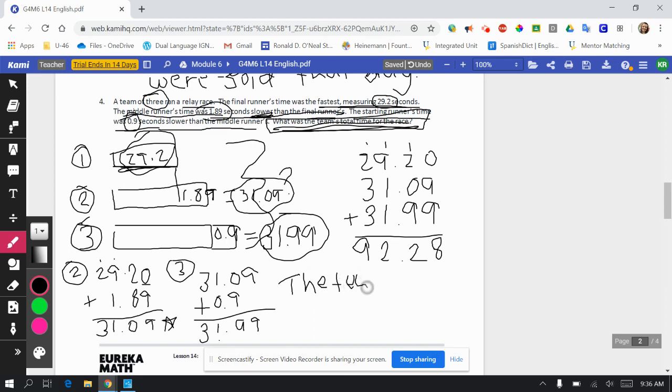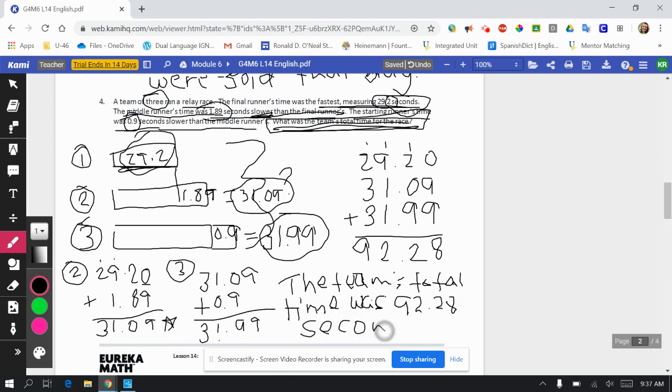The team's total, sorry about the messy handwriting, team's total time was 92.28. Going back to the problem, it was measured in seconds. 92.28 seconds. All right, there we have it.